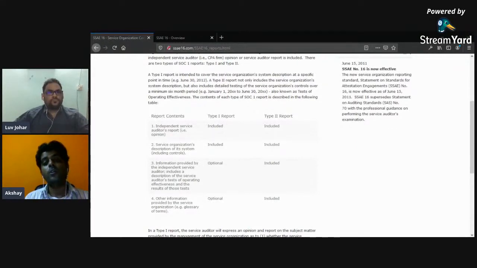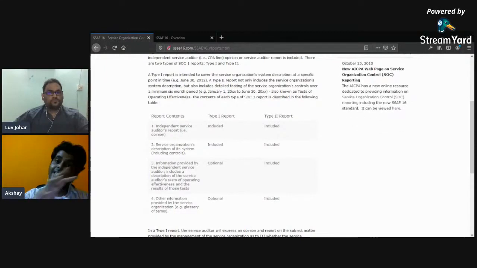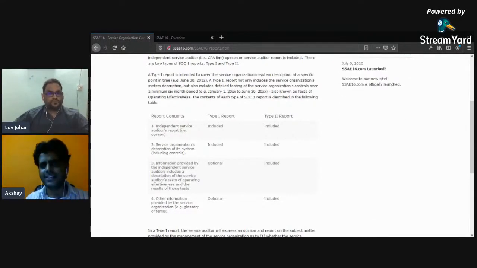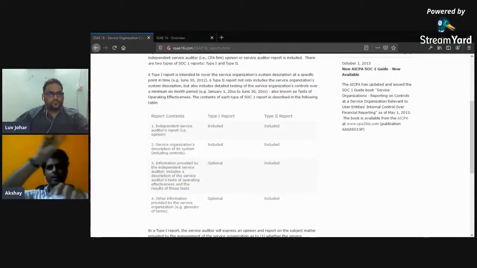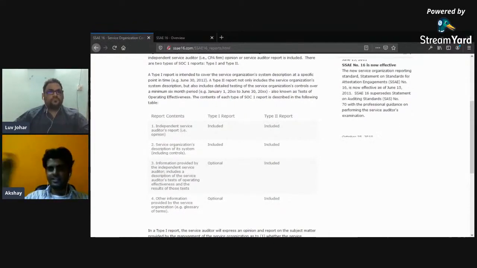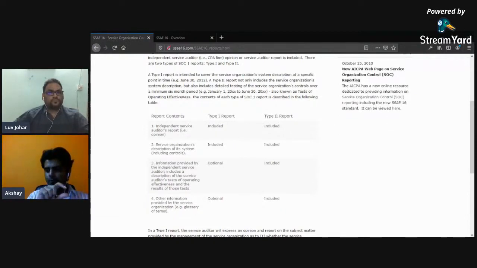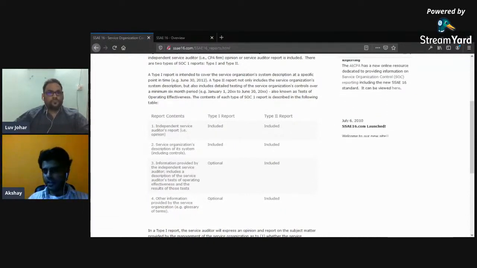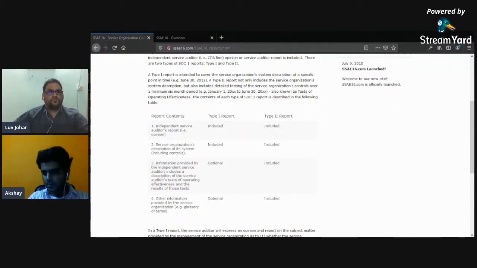Then the auditor would say whether he checked each and every control, or did a sampling, along with his methodology and testing. Then he will list down or break down your controls into categories, such as change management, physical security, information security, and backup.